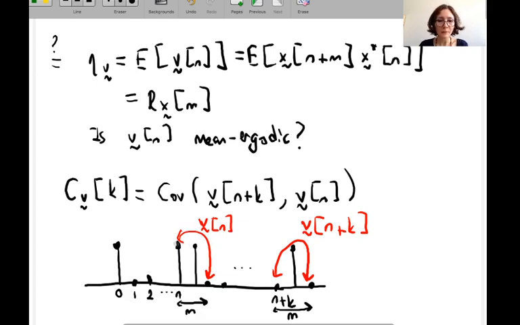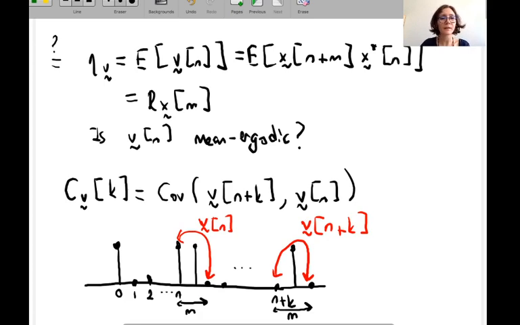V of n depends on this value and this value of x. V of n plus k depends on this one and this one. But the nice property that the Bernoulli process has is that all the samples of x of n are independent of each other. So V of n depending on these two only, and V of n plus k depending on completely different samples from x of n, means that V of n and V of n plus k, the two red random variables, are independent of each other.